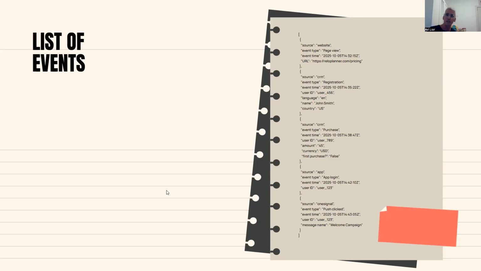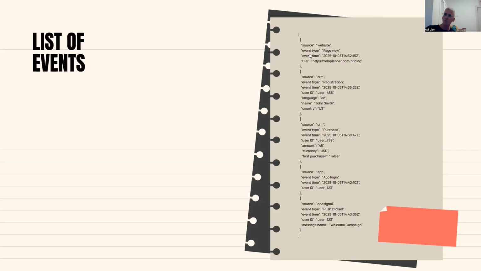I'll give a negative example. In many cases, I saw that users are installing the Amplitude SDK, and they're sending a different page view event for each different page. Meaning the event type is not page view, the event type is page view registration, page view about us.